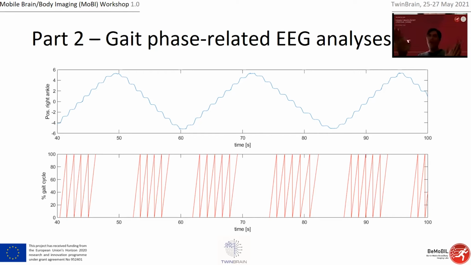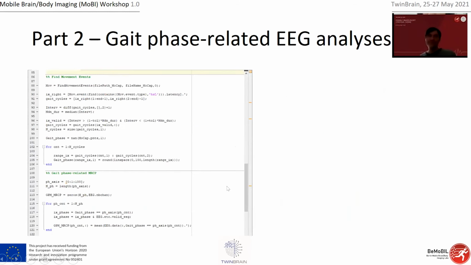Depending on how long or short it is, the signals are more or less steep, but it already gives us a good indication of which phases the gait cycle is going through. We can use the signal we derive from the motion capture to analyze the EEG data, and that's exactly what I did.